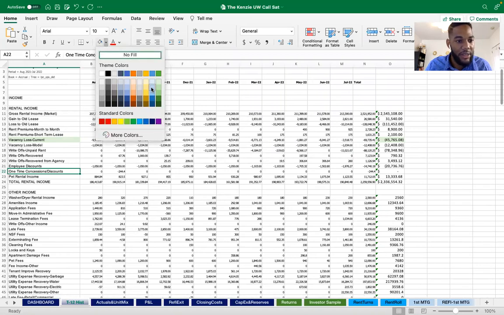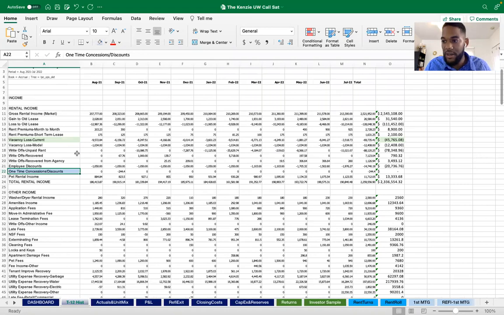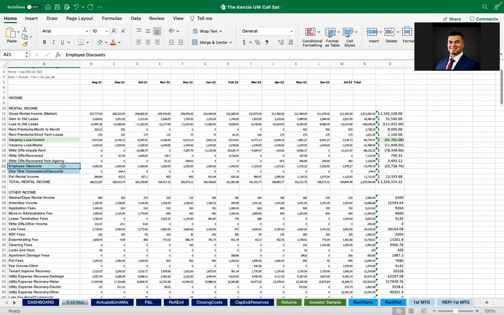Any other line items here that you would consider concessions? Line 21? Correct. Yeah, line 21. So employee discounts is a concession. Any other line items you see here that you would consider a concession? Sorry, quick question here. When you say concession, you mean economic vacancy?